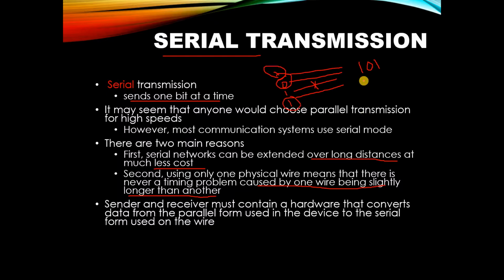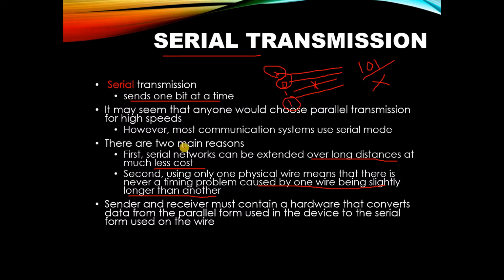So obviously the receiver received the wrong data. Hope it's clear. This is called skew. The data will get skewed while using parallel transmission, so there is a chance of error. Keep it in your mind. When a device uses parallel transmission, there may be errors.